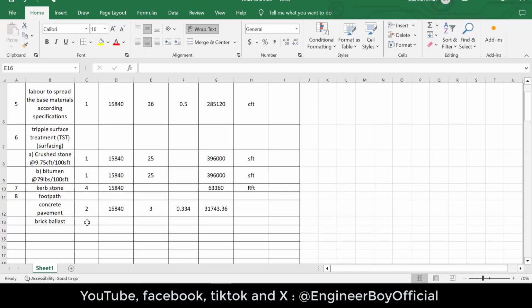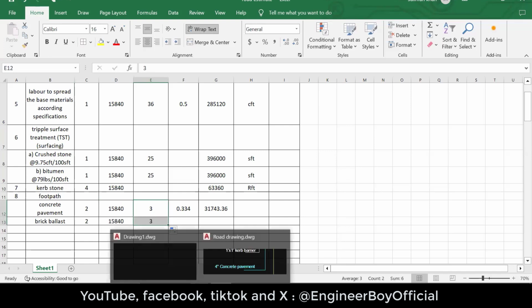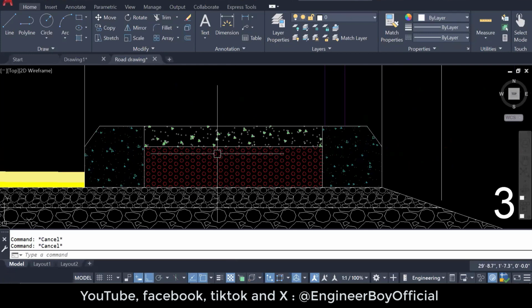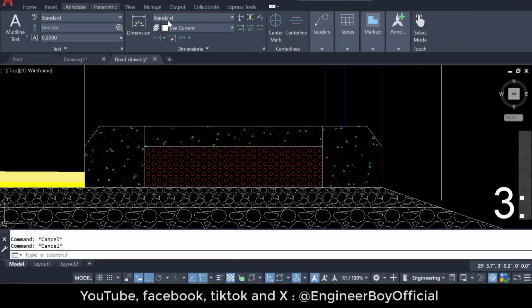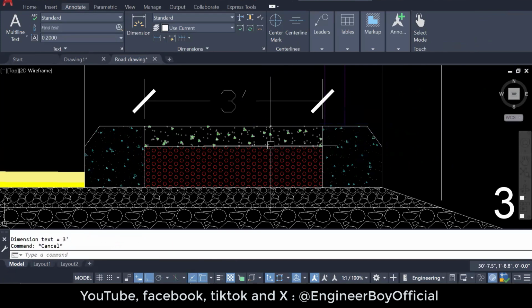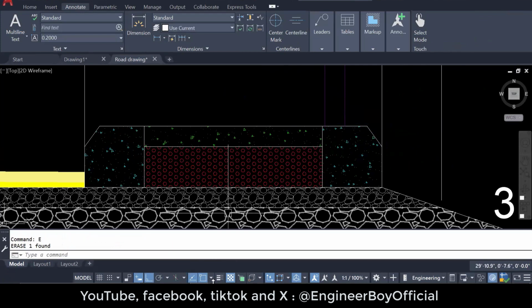Length should be the same, right? Width should be the same because it is just below that thing, okay? I mean, below that concrete pavement, okay? You can see it, and you can even annotate this, okay? It is only 3 feet.